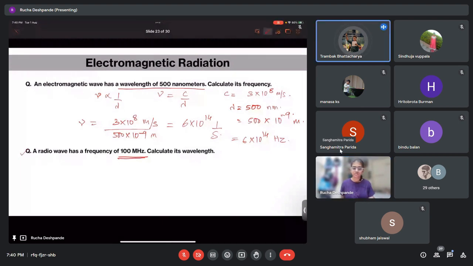Ma'am, is it 33.3 into 10 to the power minus 8? Anyone else? Or do we have to change the unit for megahertz? Yeah, so 100 megahertz is 100 into 10 to the power 6 hertz. Anyone else getting a different answer?